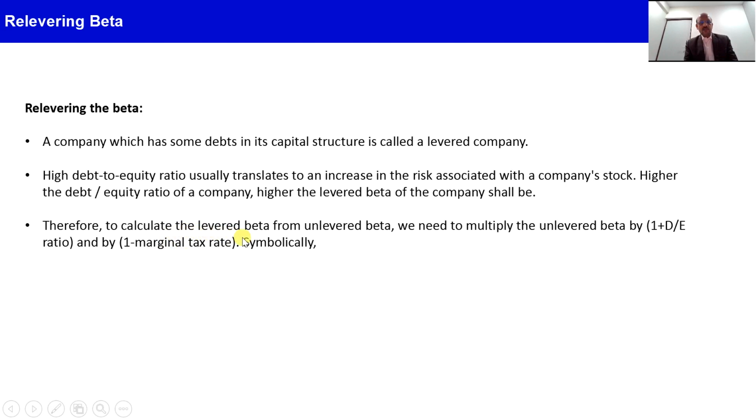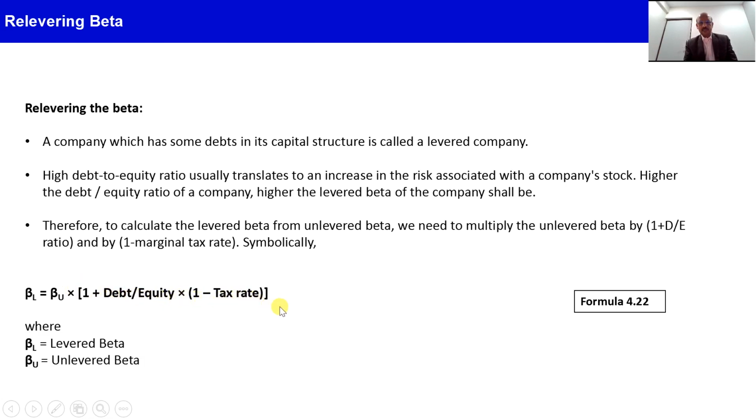So to calculate the levered beta from the unlevered beta, we just need to multiply the unlevered beta by a factor of 1 plus debt equity ratio, and a factor of 1 minus marginal tax rate. Symbolically: levered beta equals unlevered beta times 1 plus debt equity times 1 minus marginal tax rate.